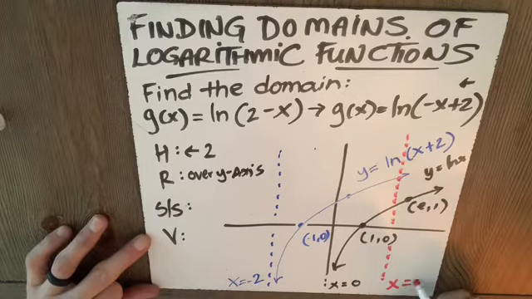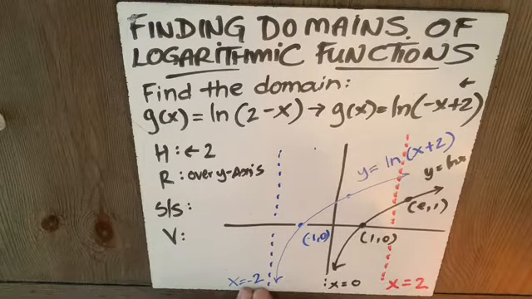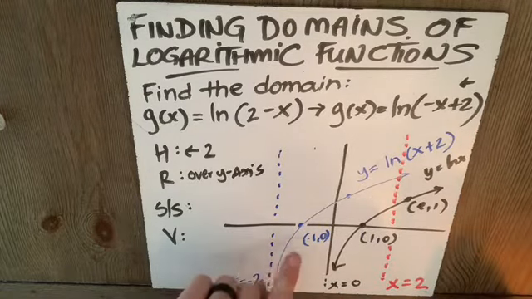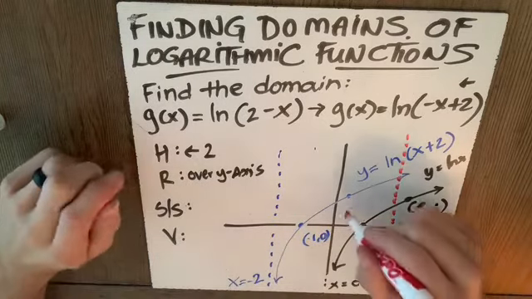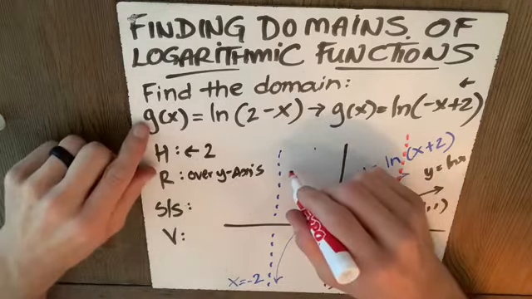If x equals negative 2 is reflected over this y-axis, it's now going to be x equals 2. And this point, negative 1, 0, is going to go to 1, 0. And so this point will go here, and it looks something like this.